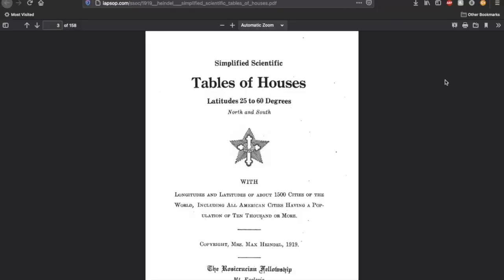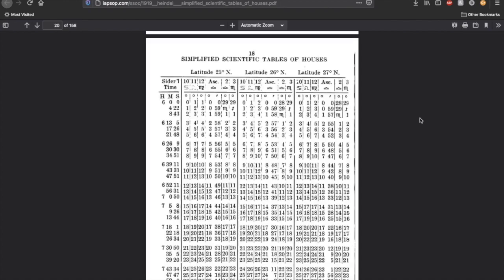Okay, so here we have the Simplified Scientific Table of Houses. This is a free resource, and we're going to use this to determine our rising sign. So we have made it to our 27 degrees north, which is approximately the latitude that we were given. Now we need to match up the sidereal time over here to get our ascendant.